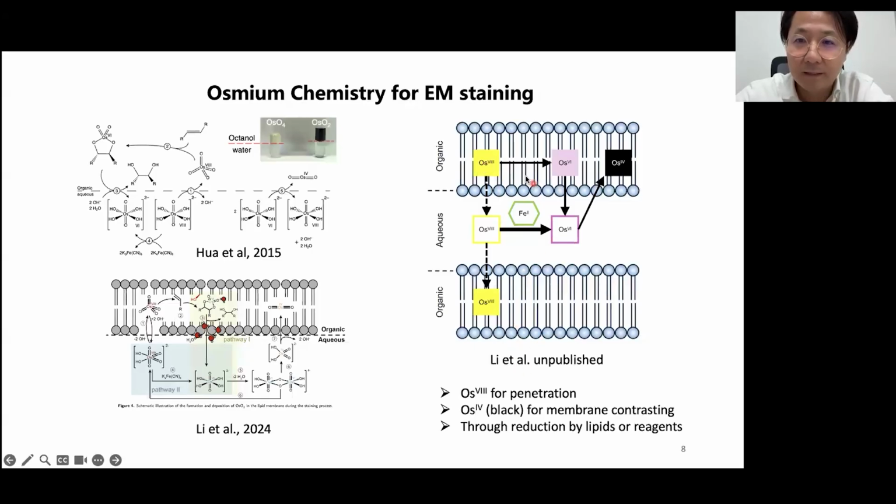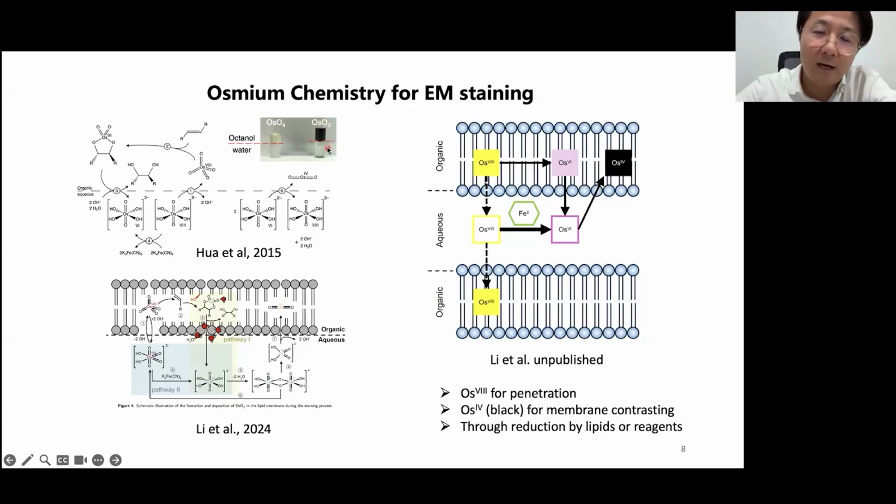Second, when osmium tries to stain the membrane, it needs to be reduced to osmium-6, which then enters the water phase by hydrolysis, and afterwards is further reduced to osmium-4. Osmium-4 has a black color; usually we call it osmium dioxide.